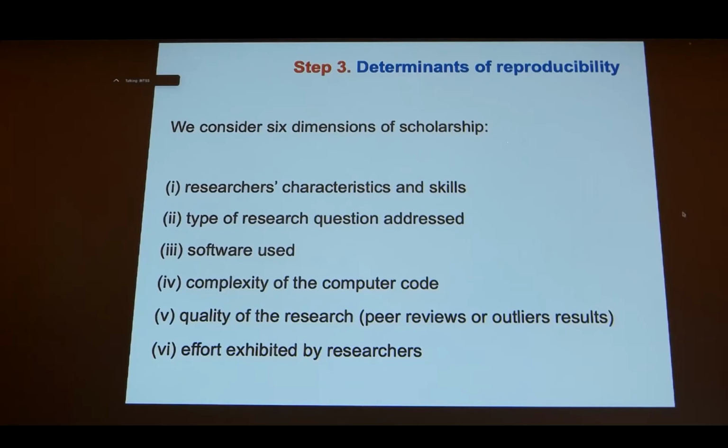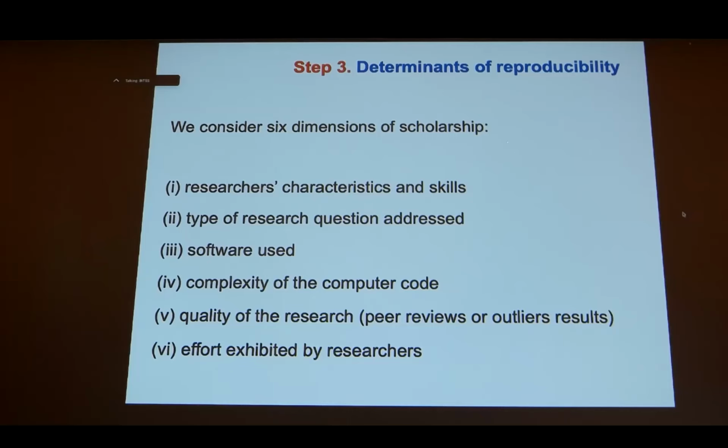We try to understand what are the drivers or deterrents of this reproducibility, or lack of it. We have a lot of information about those researchers: their characteristics and skills, the type of research question they're working on, the software they use, the complexity of the computer code.